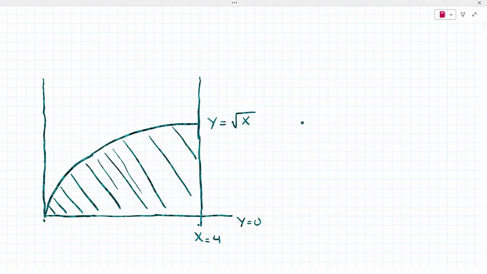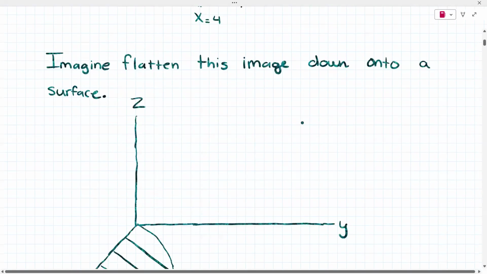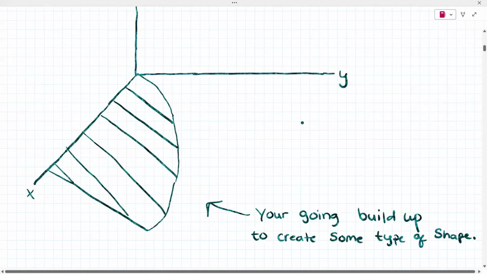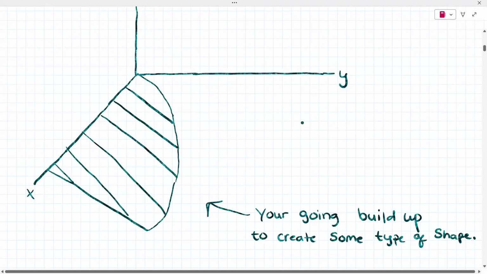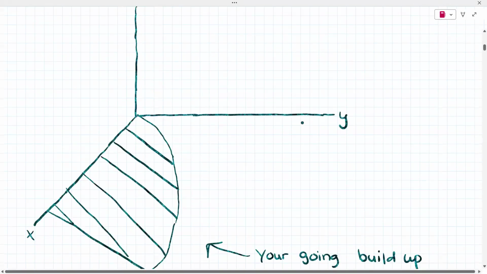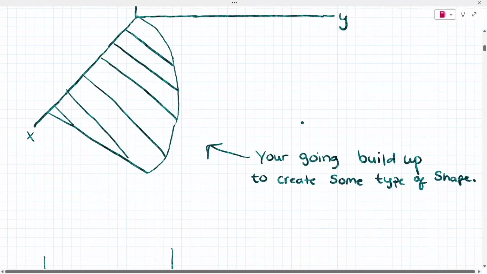Imagine flattening this image down into a surface, and you have this 3D image. Now what I want you to do is imagine building up to create some type of shape. So if you have this singular shape, keep adding up vertically and you have some type of shape.